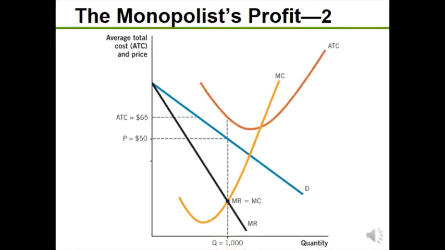But in this case, what if they have very high average total costs? So in this case, at 1,000 units of output, their average total costs are $65. $65 is greater than $50. So in this case, they're earning a loss, their loss per unit times the number of units, $15 times 1,000, they are earning an economic loss of $15,000.